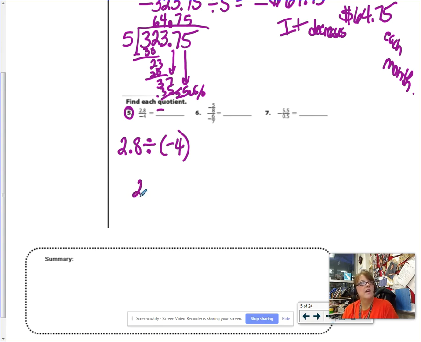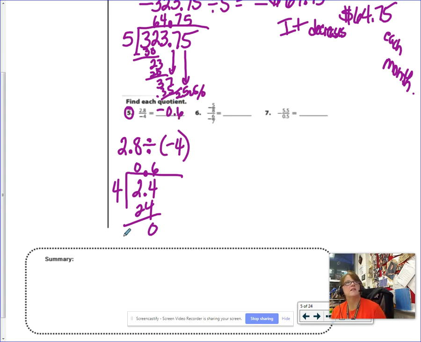Then go ahead and use the old-fashioned algorithm using just the absolute values. Since I'm dividing by a whole number, all you have to do is bring that decimal point directly up above. 4 can't fit into 2. It can fit into 24 6 times. Boom chakalaka, you are done. 0.6.